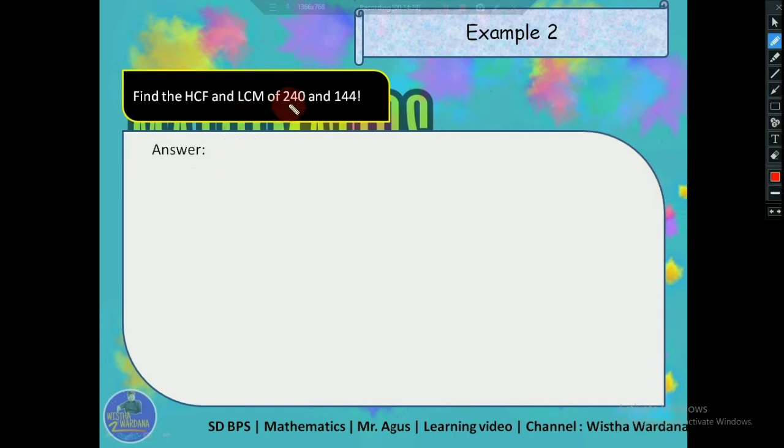We know in this case we have 240 and 144. In the continued division method, you have to use the greater number as the dividend and the lowest number as the divisor. So in this case, the dividend is 240 and the divisor is 144.